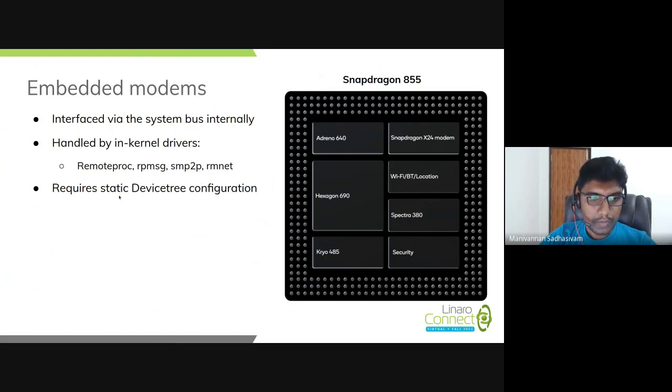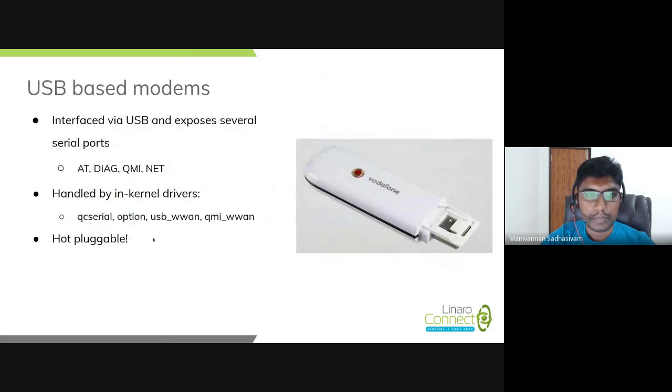Since these embedded modems are not hot pluggable, they require static device configuration to work. And these device configurations are usually provided by the vendor, Qualcomm. Next one is the USB-based modems. These modems interface via the USB ports and expose several serial ports to the host machine. So these ports are used for communication protocols such as AT, DIAG, QMI, and NET.